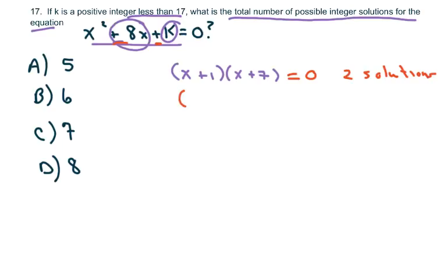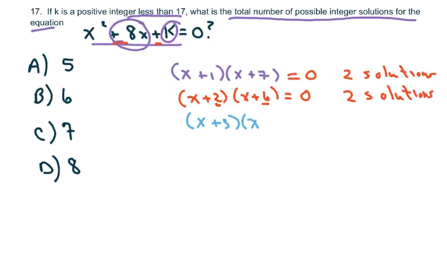We can do x plus 2 times x plus 6 equals 0, because 2 plus 6 is 8, and that would give you 2 solutions. And we could also do x plus 3 times x plus 5 equals 0, because these two give you 8. That's 2 solutions.